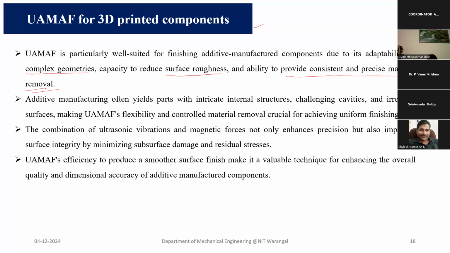Because this is already an additively manufactured component, if you remove the material in a very accurate manner and at a very low material removal rate, then you get a better finish.